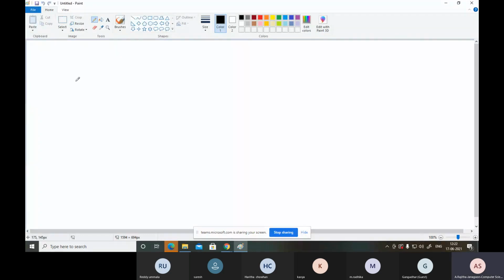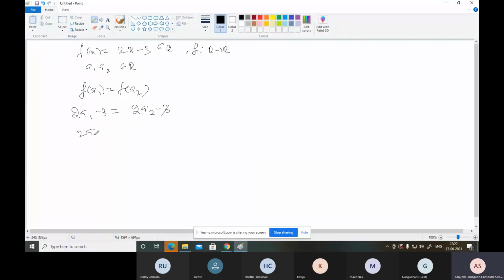Guys, here f of x equals 2x minus 3, where a1 and a2 belong to R. So the function is from R to R. Then f of a1 equals f of a2 means 2a1 minus 3 equals 2a2 minus 3, so 2a1 equals 2a2 and a1 equals a2. Therefore f is 1-1.